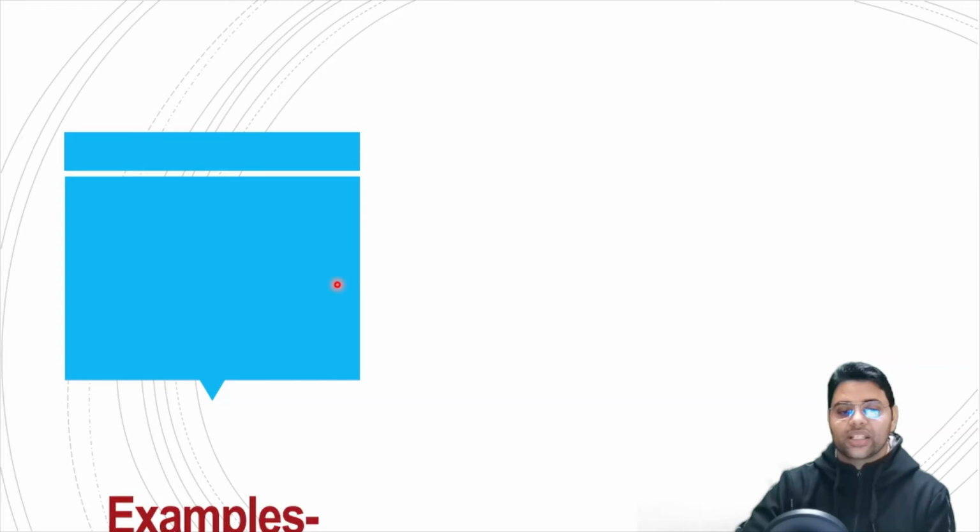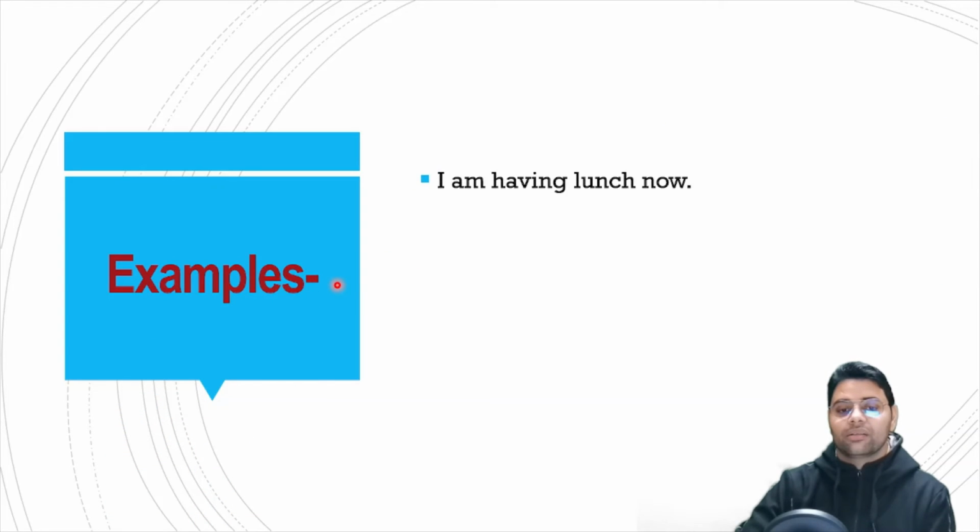Let's have some examples. I'm having lunch now. So it is in the sense of eating, or I may say I am having a cup of tea now. In these cases, when have means take or eat or drink, have is progressive and can be expressed in continuous tense. Let's have another example.